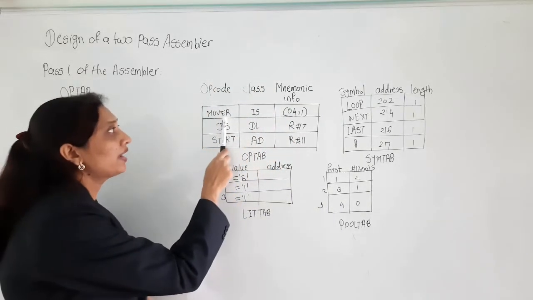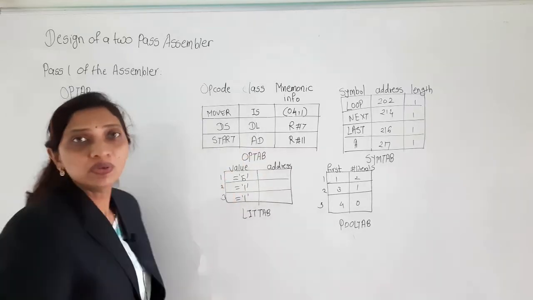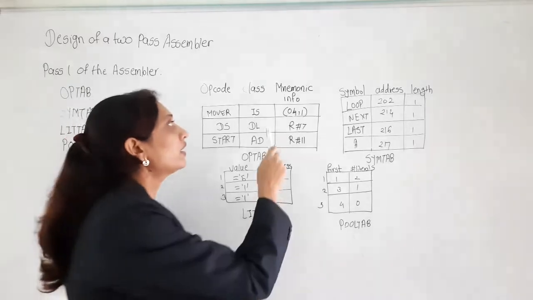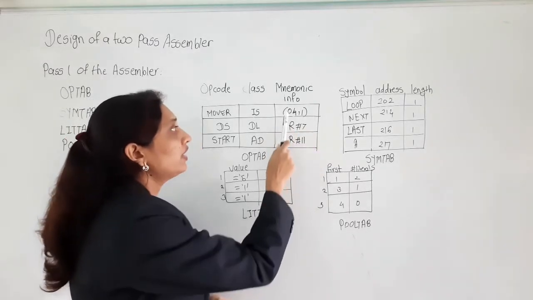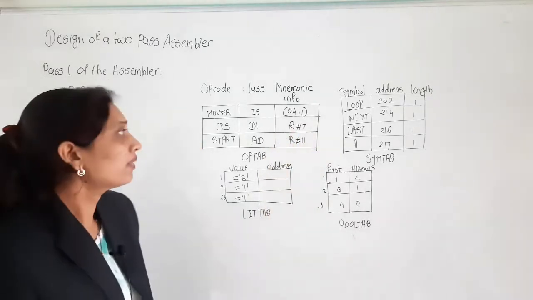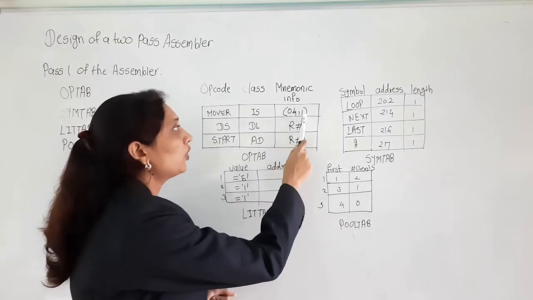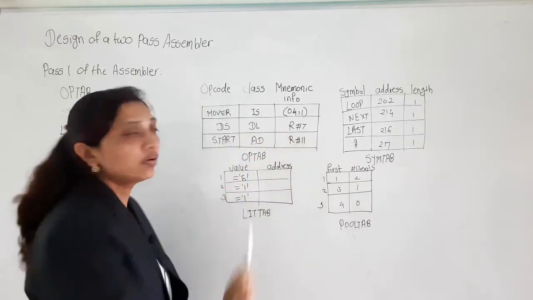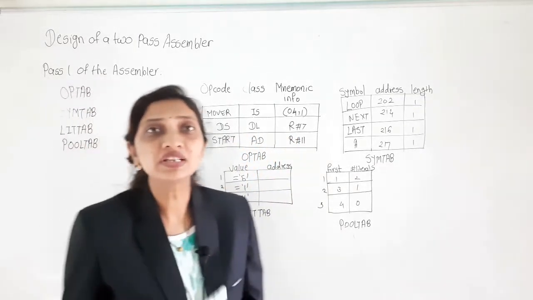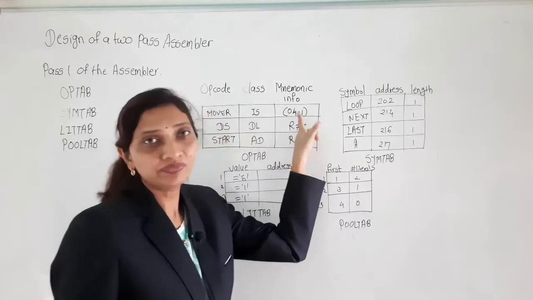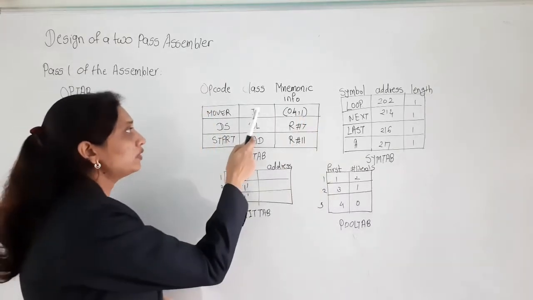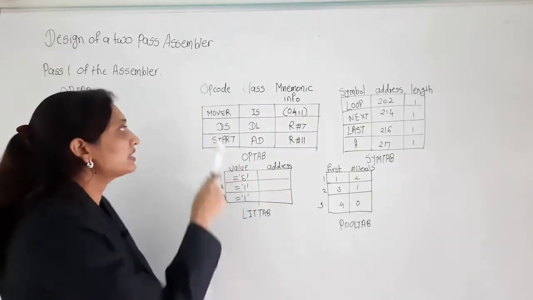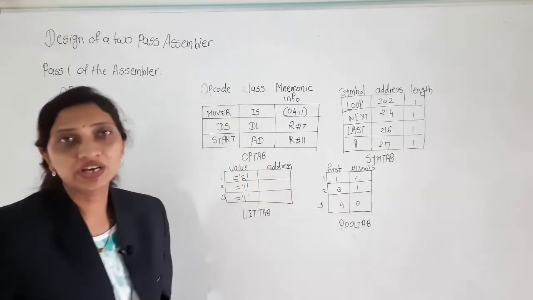Here MOVER is an imperative statement, so in the mnemonic information we include a pair, 04, 1. 04 is the mnemonic opcode for MOVER, and the length required is 1. This is how an imperative statement entry is done in your OP table.